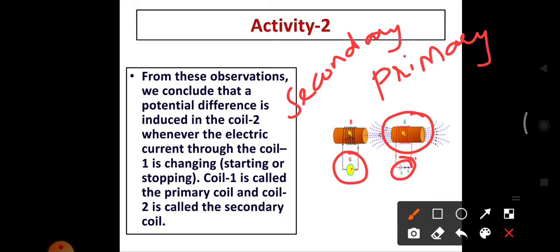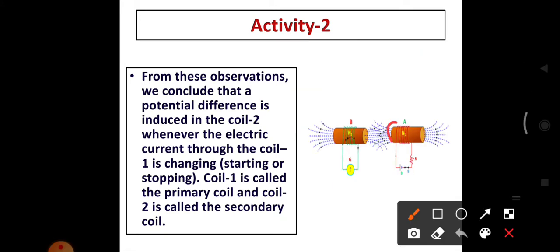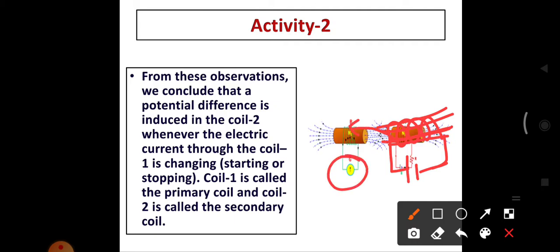How is the current induced in coil 2? You know that this is a coil. When current flows in the coil, a magnetic field is produced. This magnetic field induces the current in coil 2.